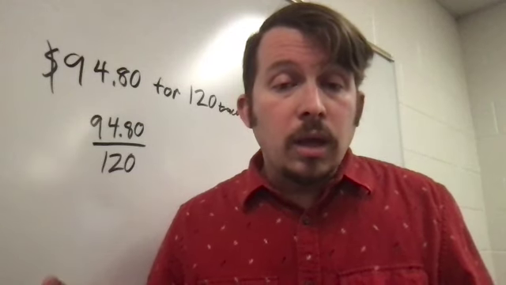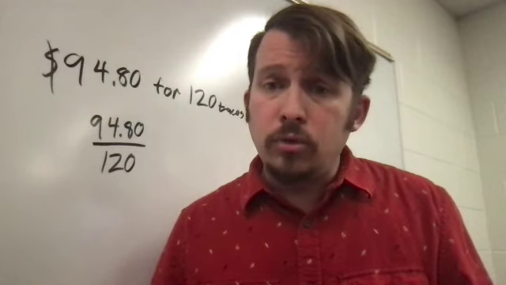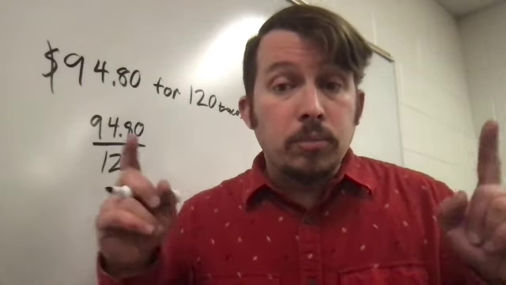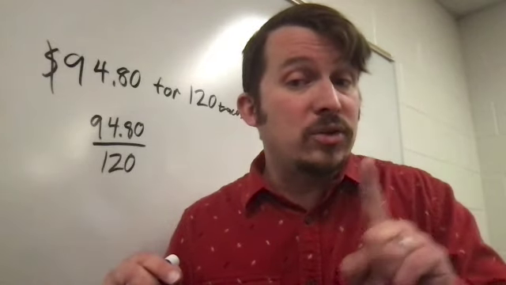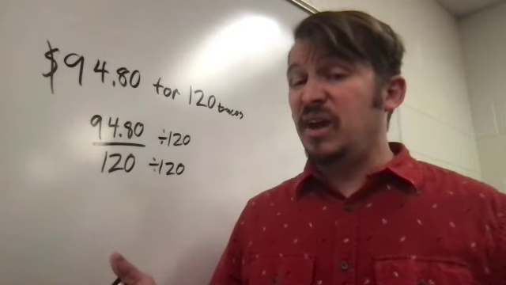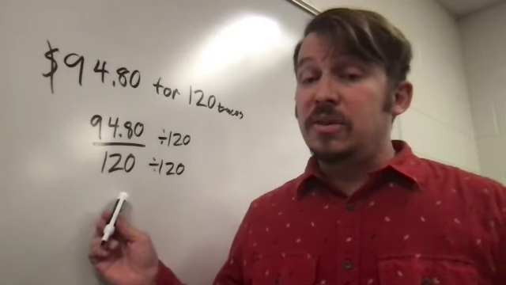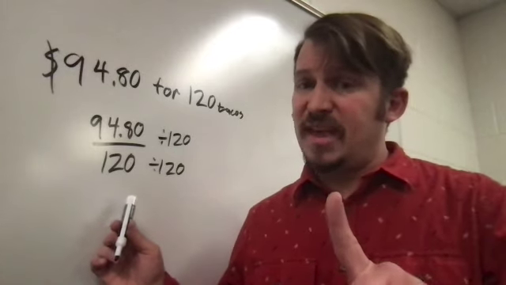So here we go. If we calculate the unit rate of $94.80 over 120, our price per taco, we can figure out the price for one taco. We'll divide by 120. It's a great thing to do on your calculator, but this one downstairs, 120 divided by 120, that's 1.